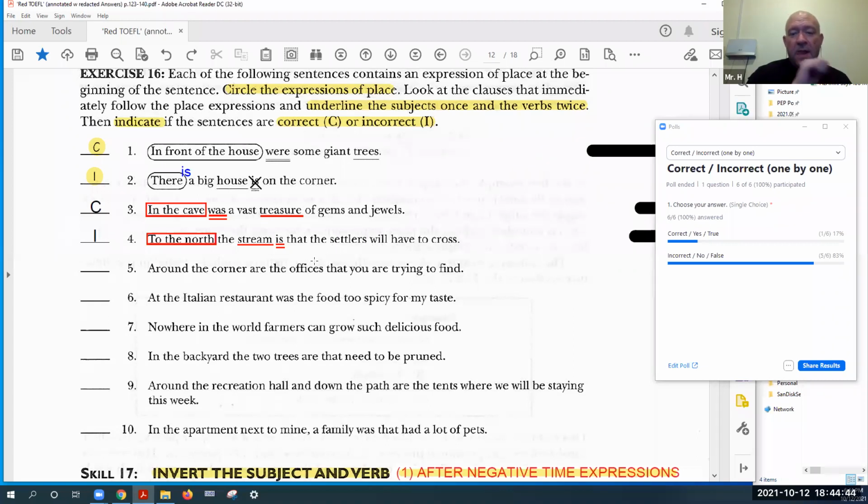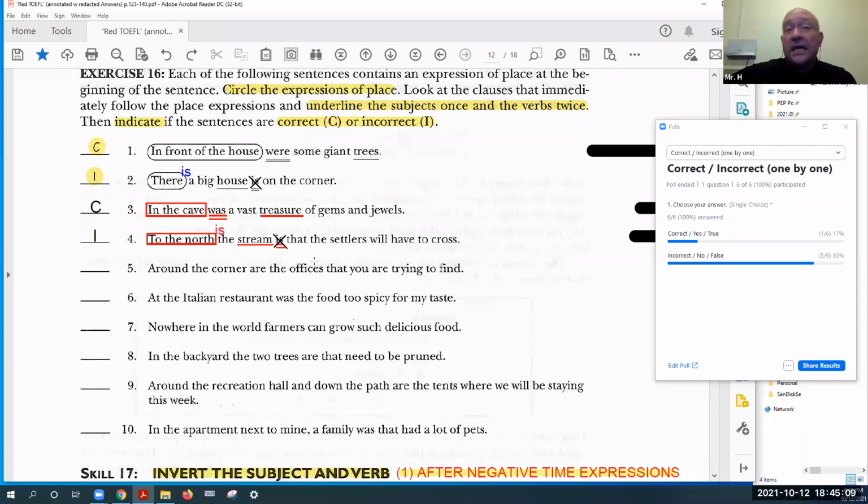All right. How should we fix it then? Don't remove the stream, just change the position. Invert. Yes, is the stream. Now read it, Osama. To the north is the stream that the settlers will have to cross.